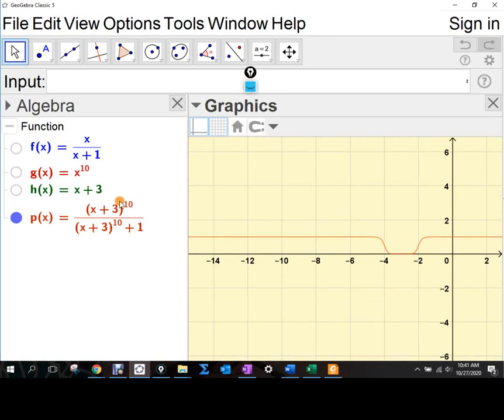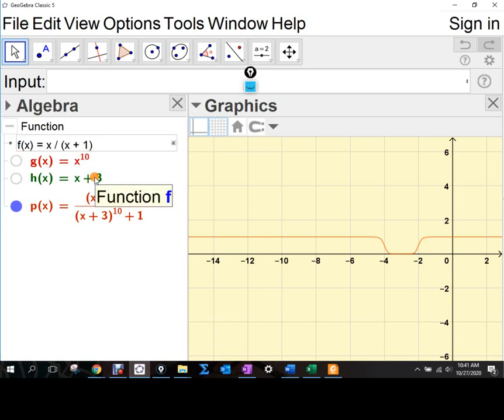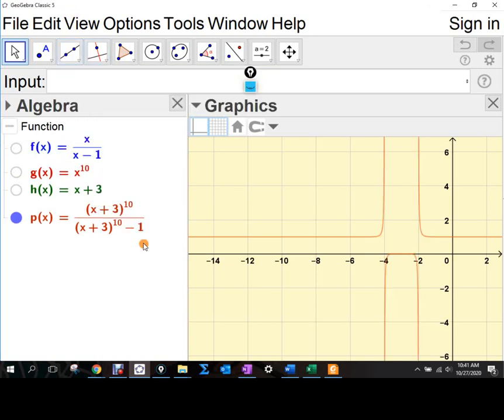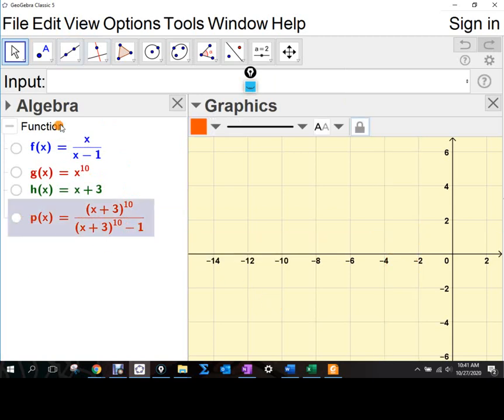Okay, so now if I had something like, let's say this was x minus 1. So when I have x minus 1, now we see at that negative 1 there, right? Okay, so that would have taken the function x plus 3 to the 10th, which we initially said looked like that because we had a plus 1, but now it's a minus 1, so now it crosses there at negative 4 and negative 2, right?